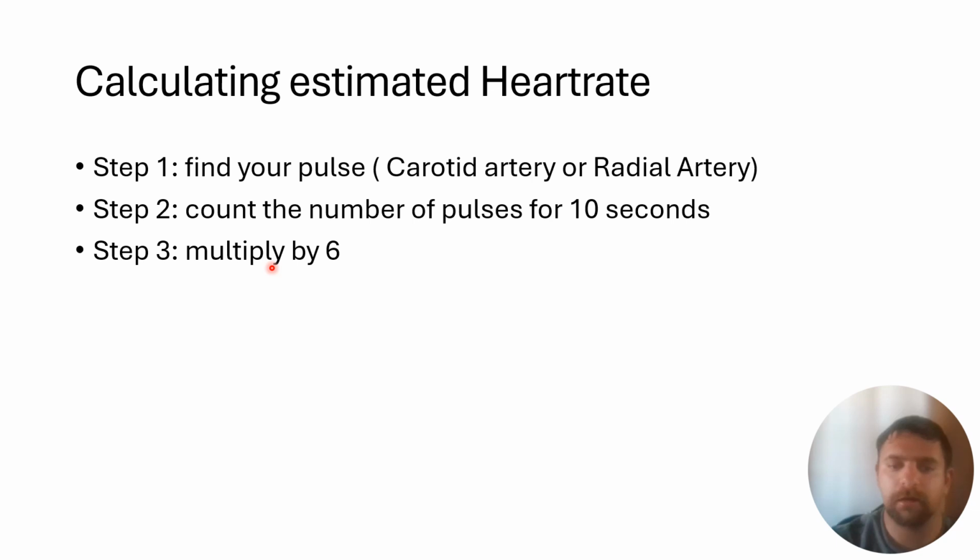Let's say Danny over here counted 7 beats in the 10 seconds. We do 7 times 6, can anyone tell me? Yep, 54. Good. So their estimated heart rate right now is 54 beats per minute.